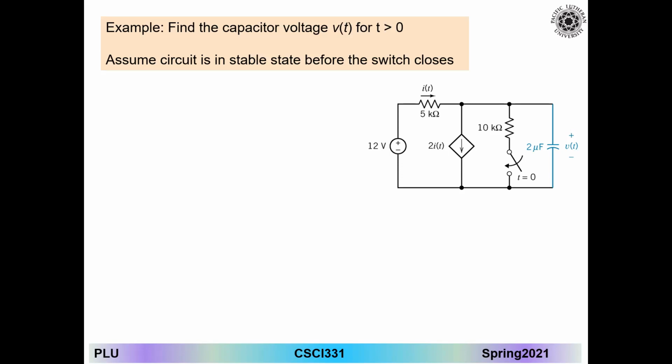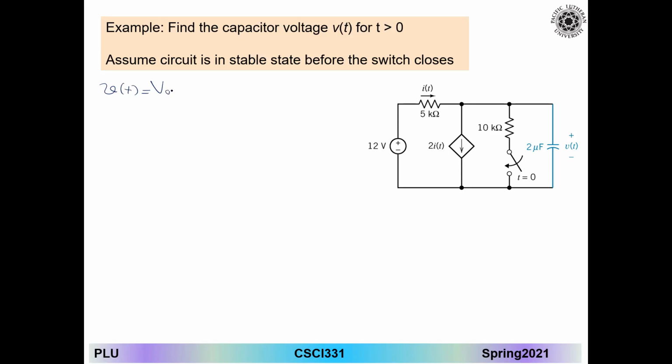Try this one. This one is a straightforward application, for stable or unstable. The circuit here is similar to the circuit we solved previously when we had a dependent source, so we're going to use the same approach. We need to find I open circuit, V open circuit, and I short circuit. We'll give you a couple of minutes. Here is the capacitor, and I am talking about the voltage V of t.